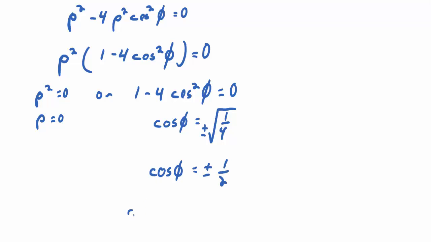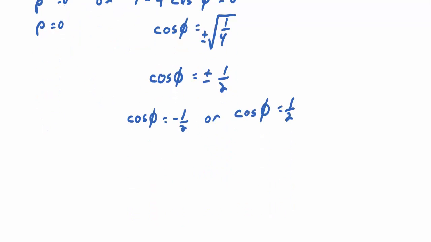That means there's 2 different values. Cosine phi equals negative 1/2, or cosine phi equals positive 1/2. And you could actually take the cosine inverse and get a nice number here. Let's do this one with the positive. What acute angle gives you 1/2 when you take the cosine of it? 60 degrees?